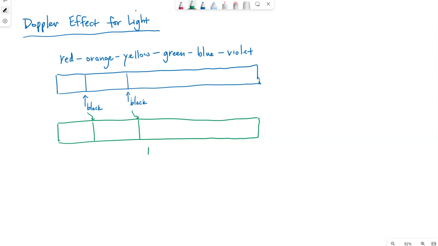We call this a blue shift. This would be for motion towards, also referred to as approaching.